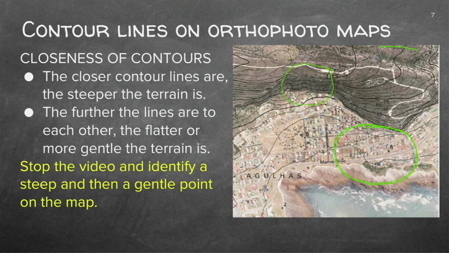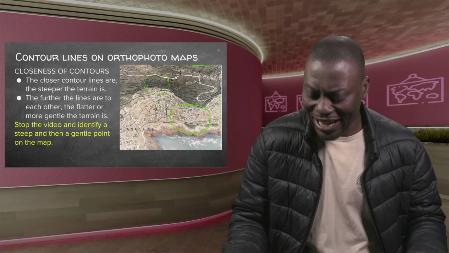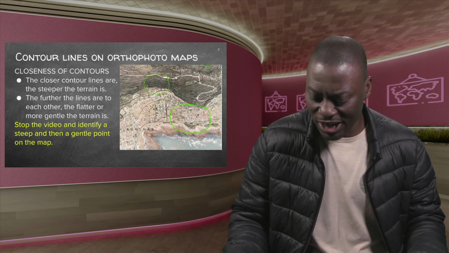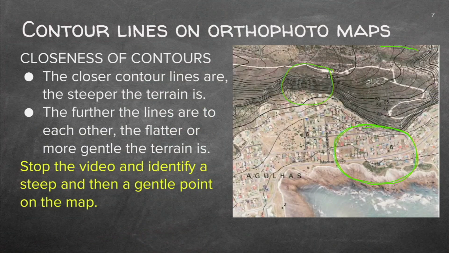So the land here is well spaced out and leveled almost, and that explains why you even have buildings and residential areas, people living around those areas, because they are flat. You can see that there are houses and there are homes there. Now it is because of the relief and the terrain of the place that it is level enough for people to build houses on, and that is indicated by the closeness or the far spacing of contour lines.